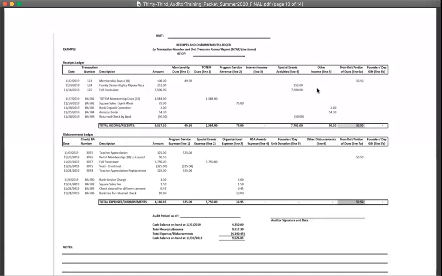So the headings can be different. I prefer these headings because it relates to another report that has to be prepared. And so we did train our treasurers to do that as far as Long Beach is concerned. Okay. So, but the example is in your handout, and I guess you can refer to it from there.